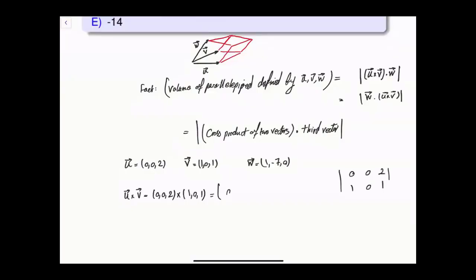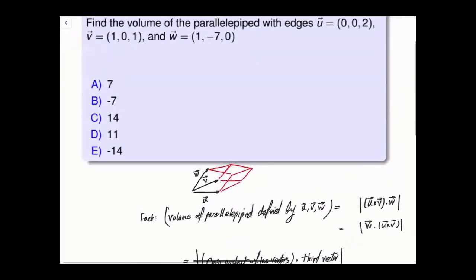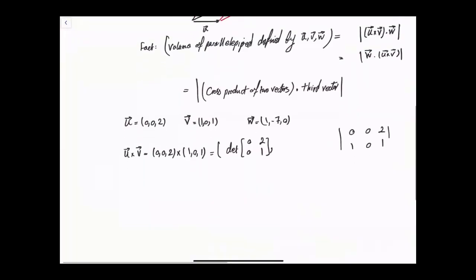The first one will be the determinant of 0, 2, 0, 1. The second one would be negative determinant of 0, 2, 1, 1. And the third one will be the determinant of 0, 0, 1, 0.